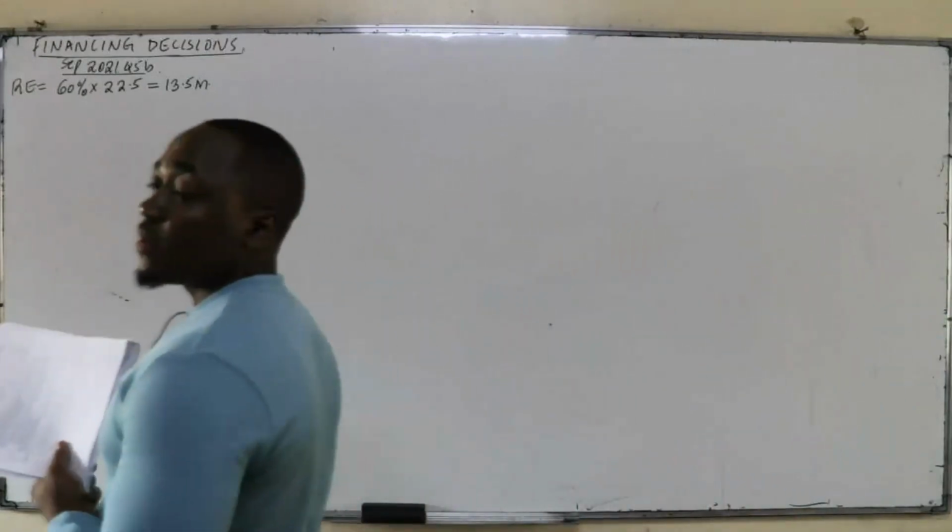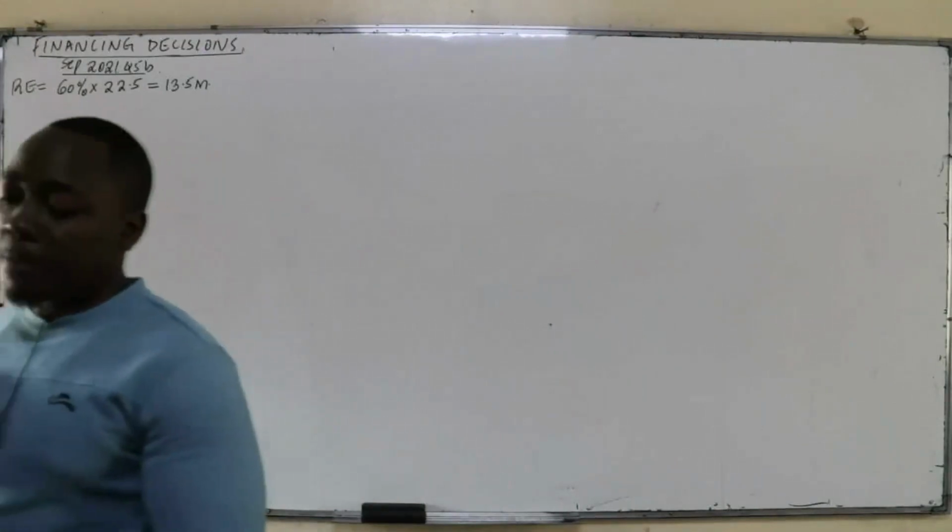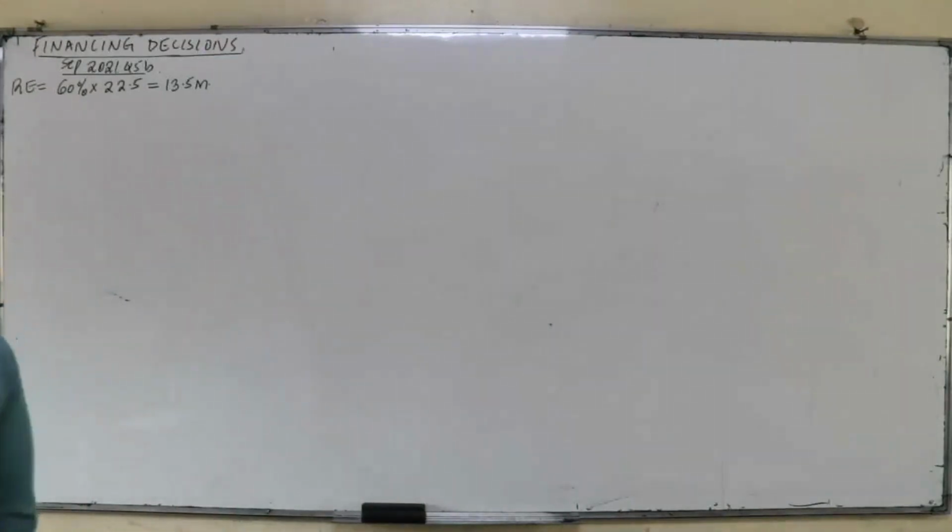What is D1? Expected dividend per share. We are given that the ordinary shareholders expect a dividend of 6 per share for the year ending 31st December 2021. So that's D1. The annual growth rate in dividend is 6% per annum. So that's G.